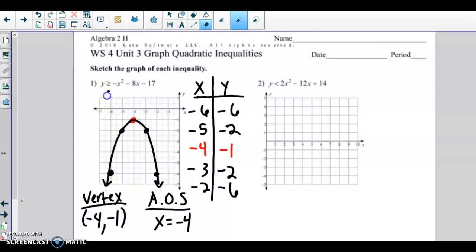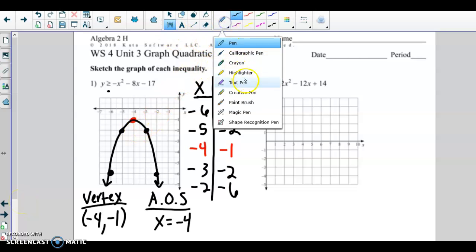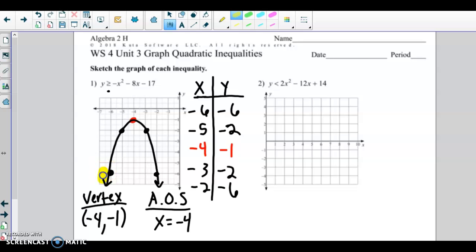And then the inequality is greater, so I think, well, where is the quadratic greater here? Well, it's greater above. If it's greater, I shade above. So above the quadratic ends up being right here. So there's my solution to this quadratic inequality. Any point in this yellow shaded area satisfies that inequality.